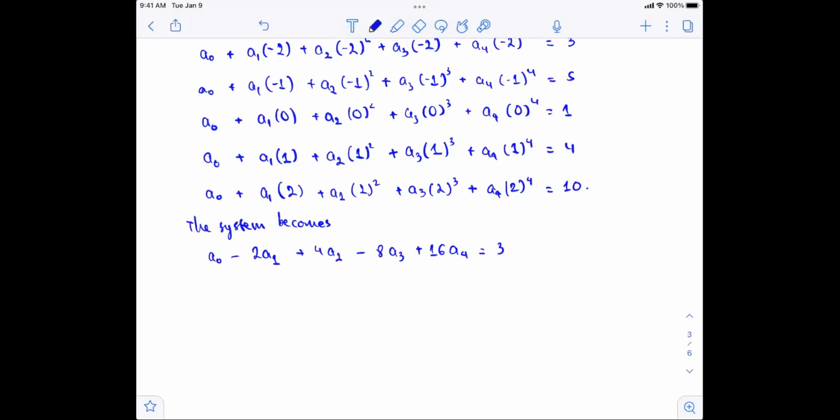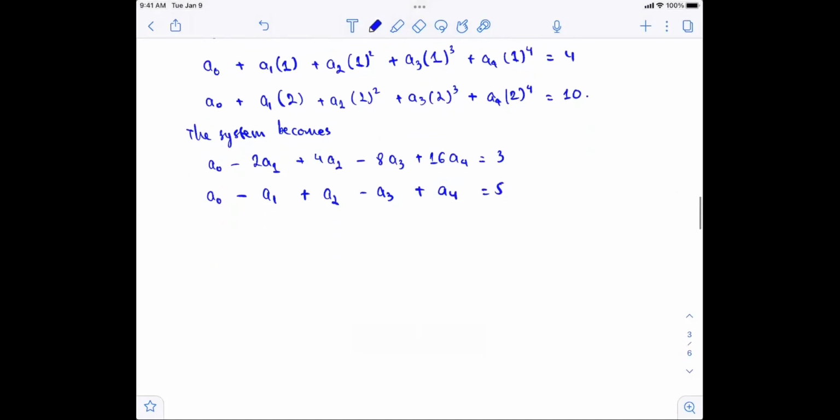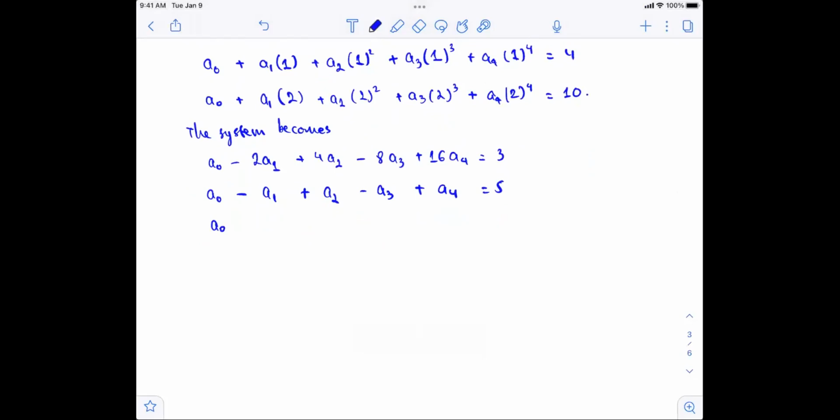So that is the first equation. The second equation is a0 minus a1 plus a2 minus a3 plus a4 equal to 5. The third equation is just a0 equal to 1.